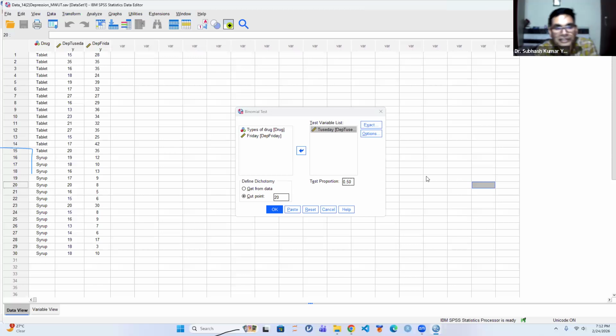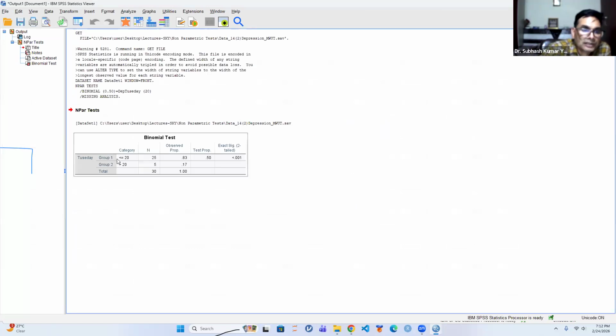So we are just breaking it into two groups, one having values above 20 and another below 20, and just click on OK. So these are the two groups: less than or equal to 20, so 20 is considered in this group, and greater than 20. This is a highly imbalanced sample. One has 25 observations, another one has 5 observations. But you can break it accordingly.